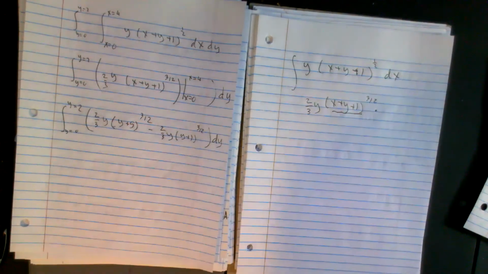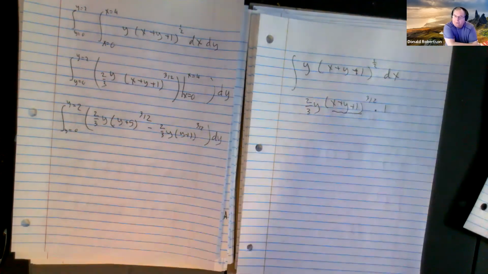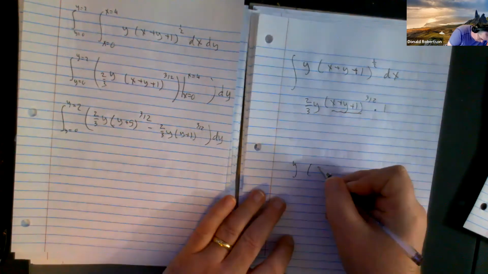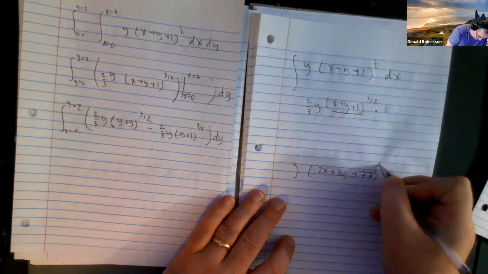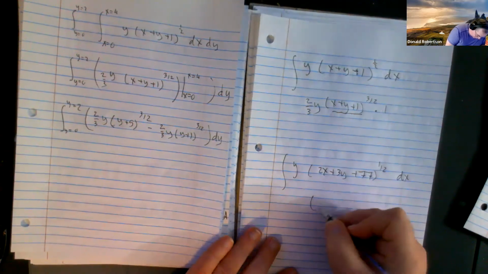Right. What do we do about the x plus y plus 1? That's the problem. What I'm trying to say is that should be 1. And since it's times 1, I didn't bother writing it down. If I gave you 2x plus 3y plus 77 to 1/2, you would add 1 to the power.